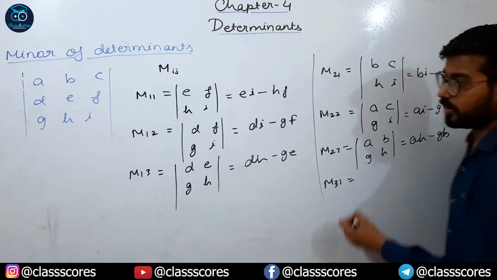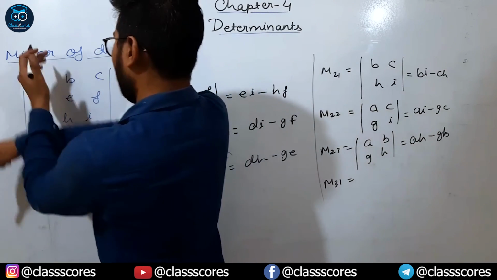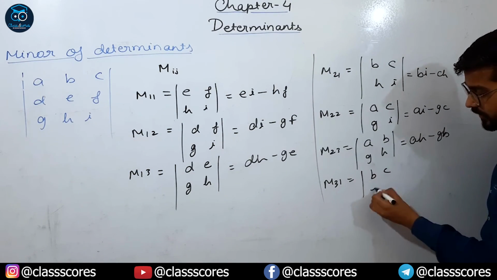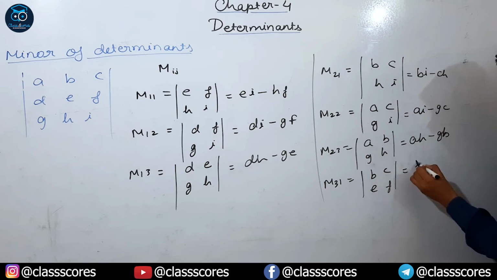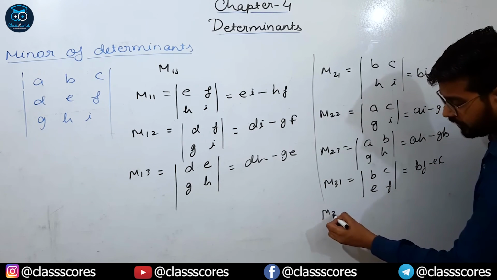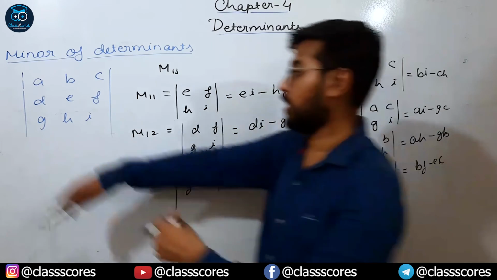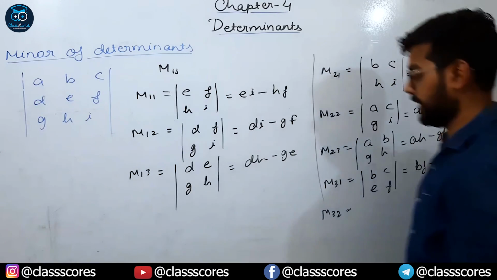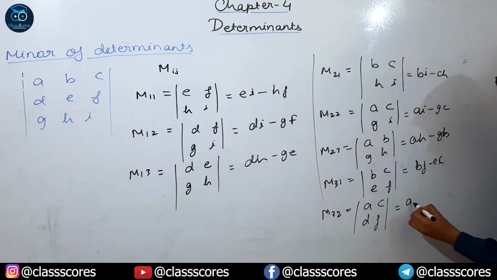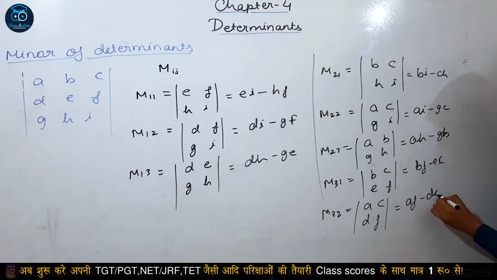M31, third row, first column, B, C, E, F. So BF minus EC. M32, third row, second column, A, C, D, F. AF minus DC.